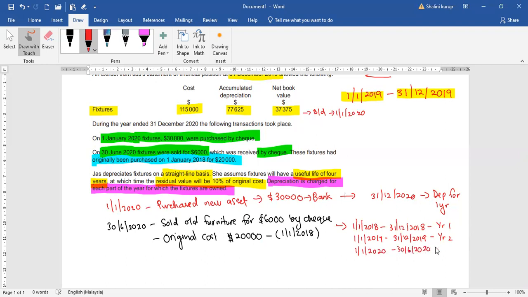So 30th June 2020 is your year 3, and you have actually used it for 6 months. So when you do your depreciation, remember you will have to multiply by 6 out of 12, because that's the 6 month period only that you had the asset for. This is very important. What I have done right now is just show you what the entries involved are. Now we'll look further into the next part in the next video.